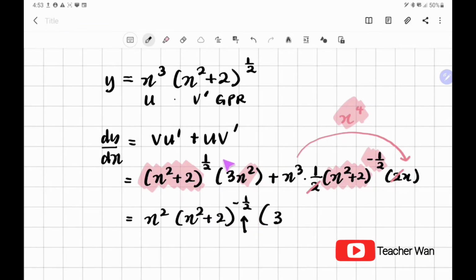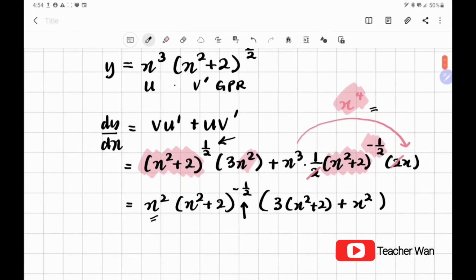What should we do to get power 1 over 2? We should multiply with (x squared plus 2) to the power of 1, because negative 1 over 2 plus 1 is positive 1 over 2. Okay, so plus, and we already factorized x squared out, so what is left for us is x squared.